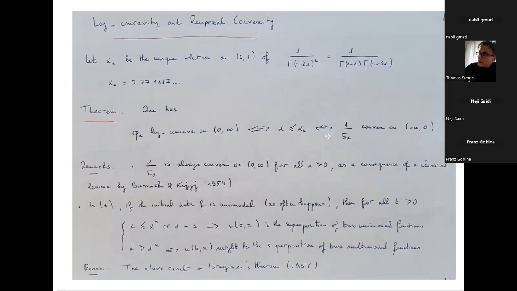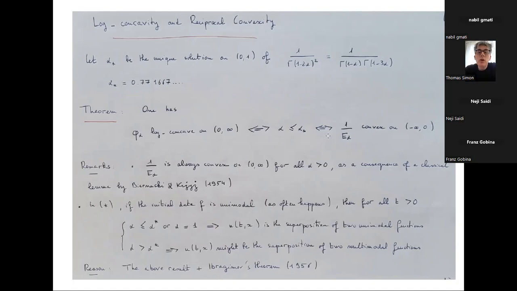And so the first result I want to present is a characterization of this property, the log concavity, for the Mittag-Leffler random variable. And it is expressed in terms of a certain parameter, which is implicitly defined as a solution of an equation on the gamma function. And the approximate value is also written down.